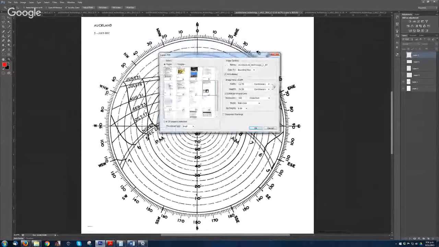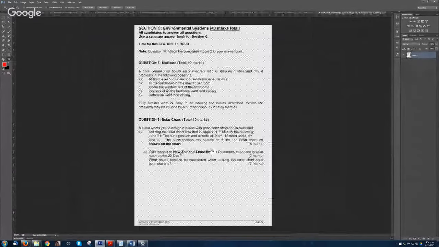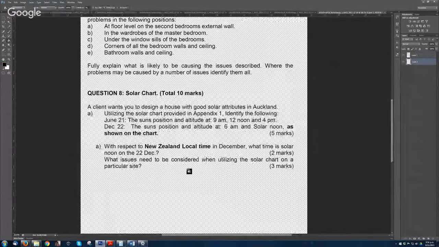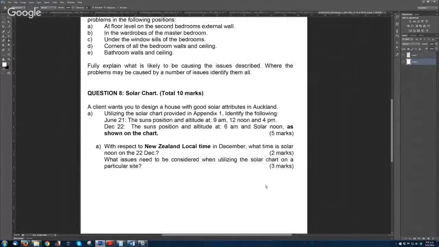Question 8A, page 10. With respect to the New Zealand local time in December, what time is the solar noon on 22 December?